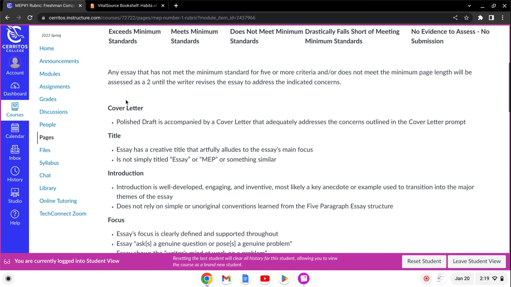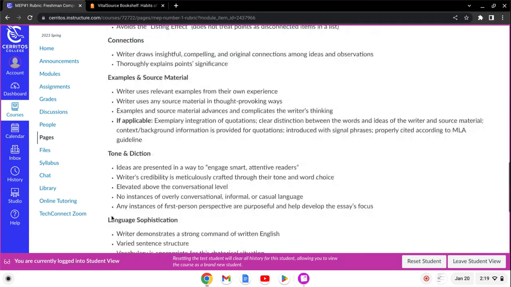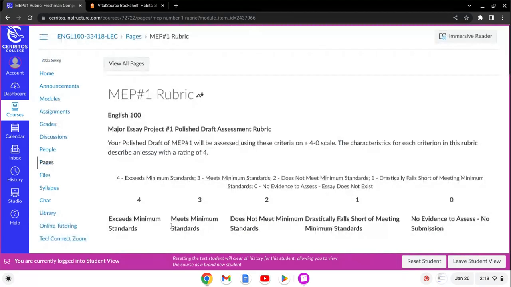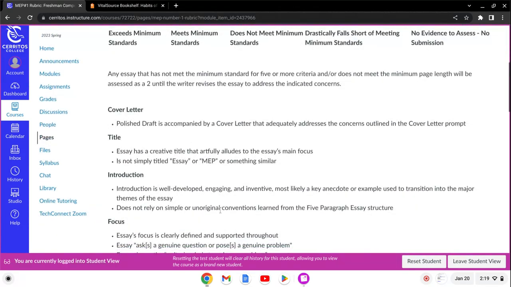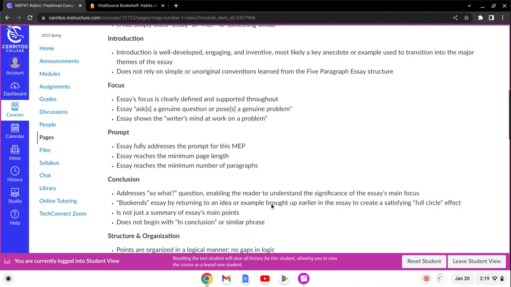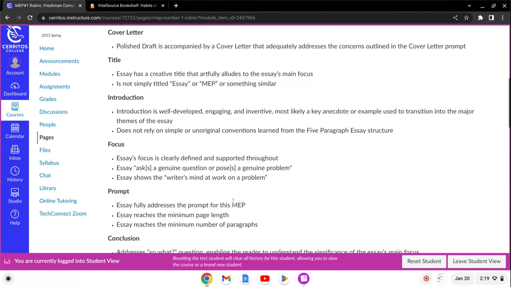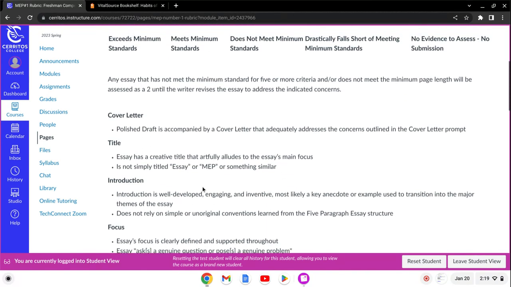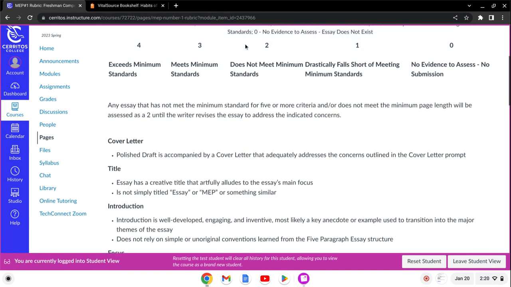So we've got cover letter, title, introduction, focus, on down the line. So if 5 or more of these criteria are not met, meaning that there's a 2 or lower, then overall the entire essay will be assessed as a 2, which means that overall the entire essay does not meet the minimum standards, and so therefore that student will need to revise it so that they do meet those minimum standards.